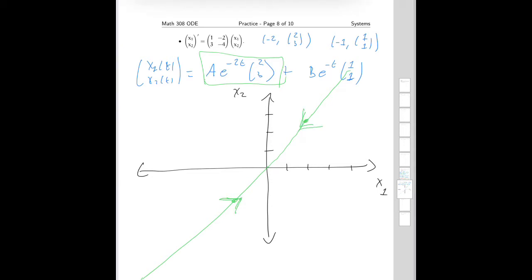Now for the other vector I'll use red. My scale is kind of off a little bit, so let me redraw the green vector. So (2, 3) is going to be like this.